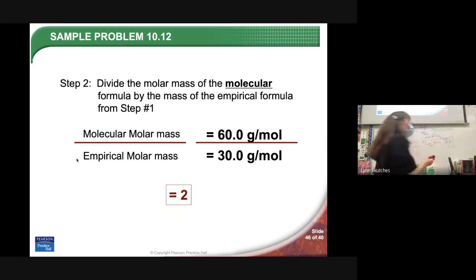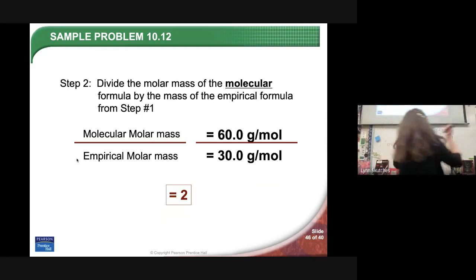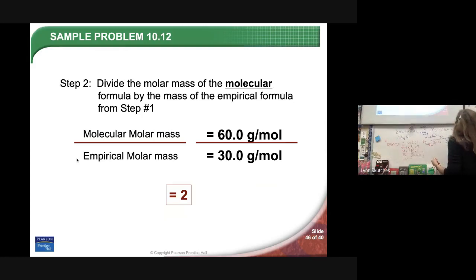Now, what do we do with that 2? Multiply the subscripts in the empirical formula. So instead of 1 carbon, we'll have 2 carbons. Instead of 4 hydrogens, we'll have 8. Instead of 1 nitrogen, we'll have 2.